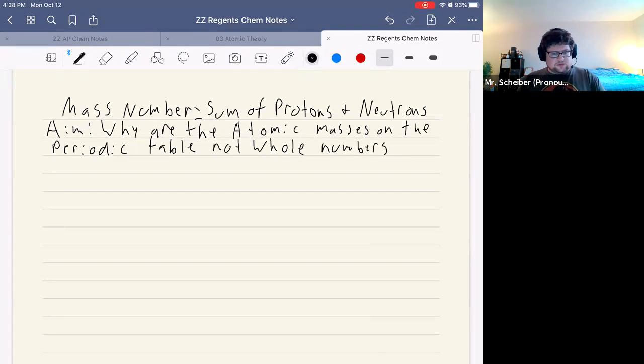And that has to do with how we actually calculate the atomic masses on the periodic table.